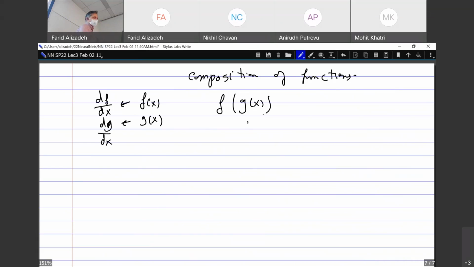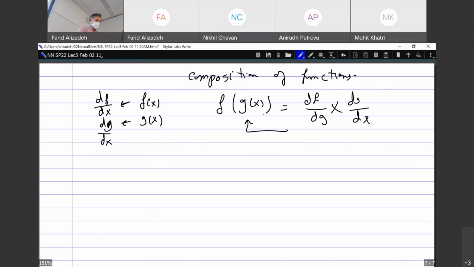What is the formula then for the derivative of the composition? It's called the chain rule. You have the derivative of f with respect to g times the derivative of g with respect to x.